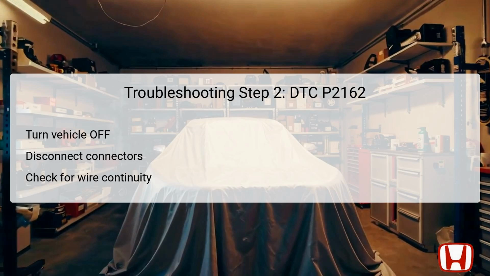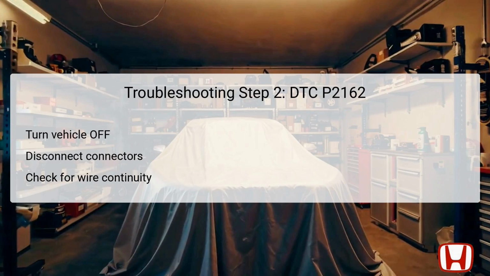These include checking for continuity from the TCM subharness 26P connector pins to the corresponding pins on the TCM 58P connector. This is crucial to verify that there are no open circuits that could cause the DTC. If continuity exists among all test points, you can be confident that the wiring is intact, allowing you to proceed to the next step.